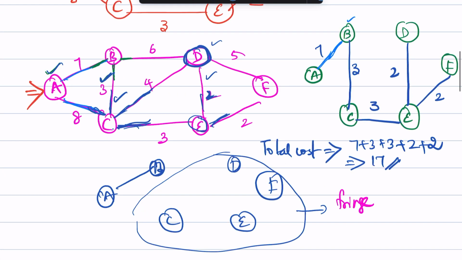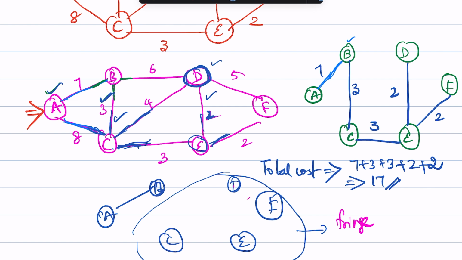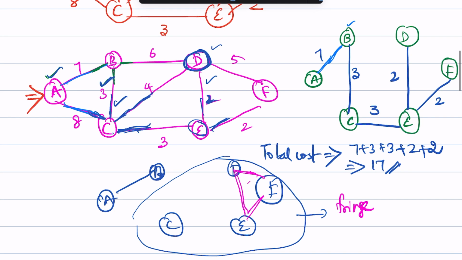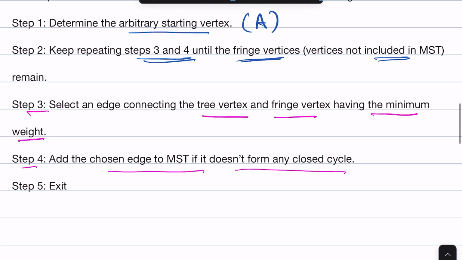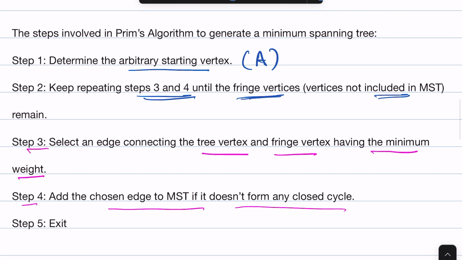So when you connect the edges, it is not supposed to form a cycle. A cycle is not allowed when you construct the minimum spanning tree. That is the main point that you have to remember when you draw the minimum spanning tree. So once you have chosen the edge, and if it does not form a cycle, it can be included in the minimum spanning tree.